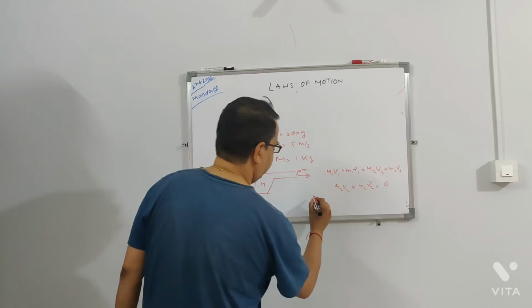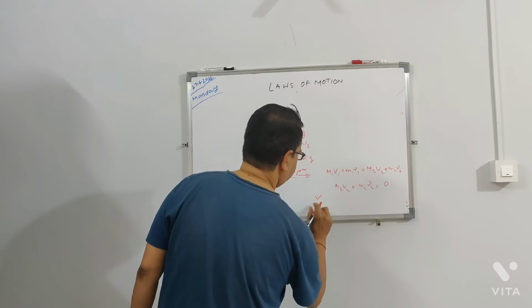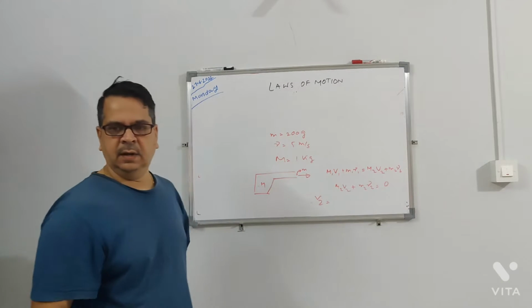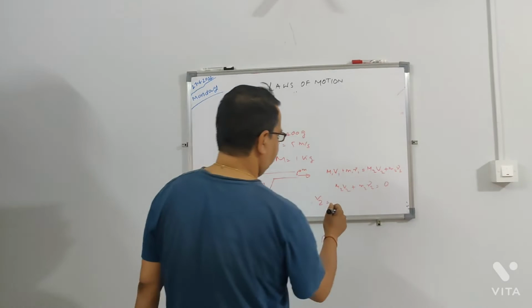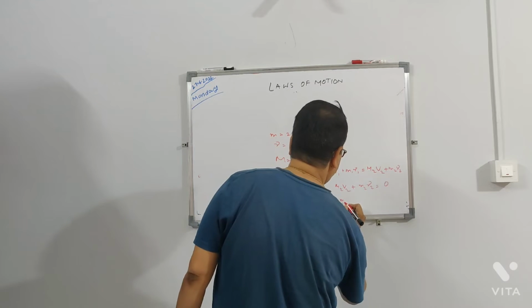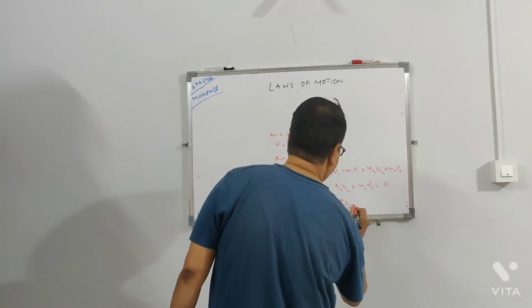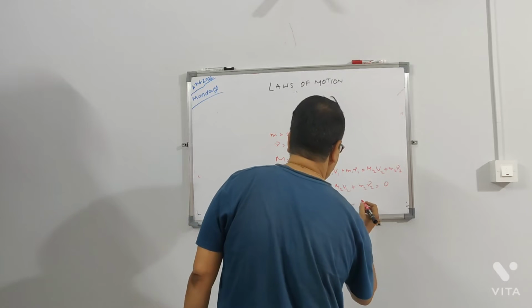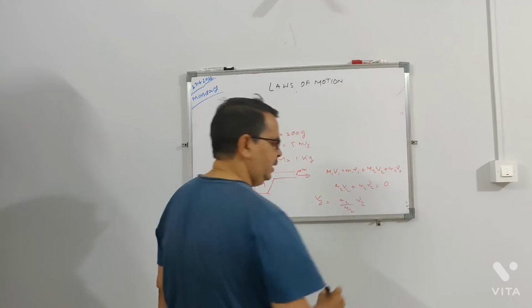Now I want to find out the recoiling velocity, that is, the speed of the gun. So that will become small m by capital M into the small v.